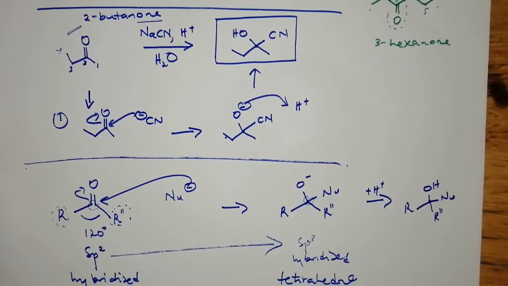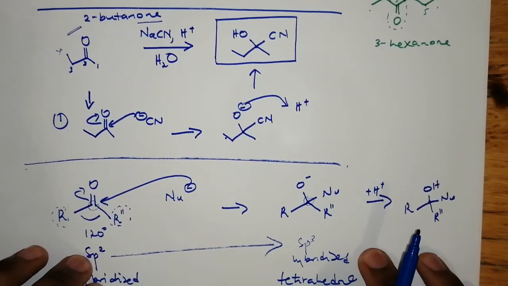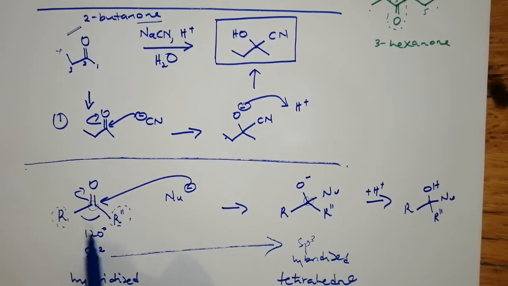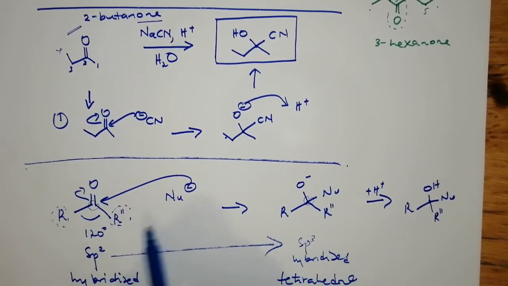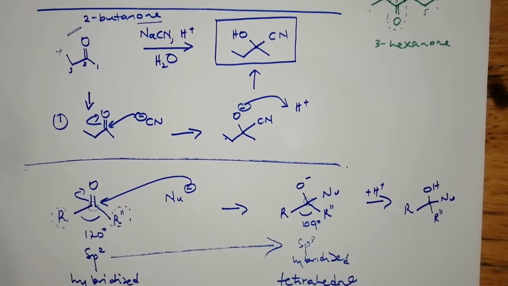So it's quite important to realize what has happened here, because we're now going to speak about the reactivity of two important functional groups. And it's very much important for you to know the change here, in the sense that when the nucleophile attacks, this angle is going to decrease to about 109 degrees.